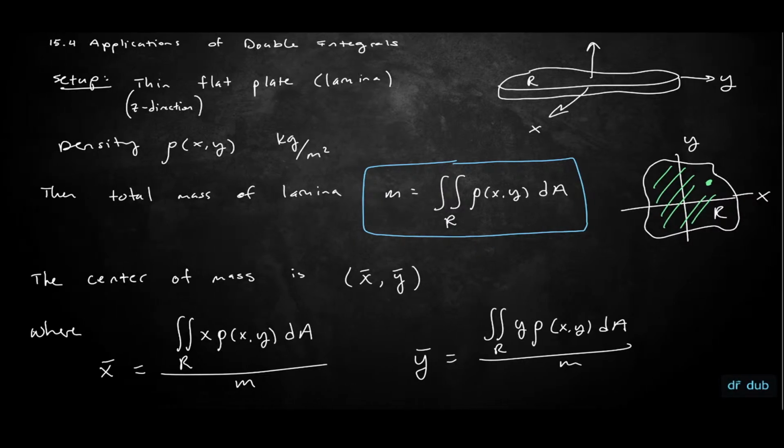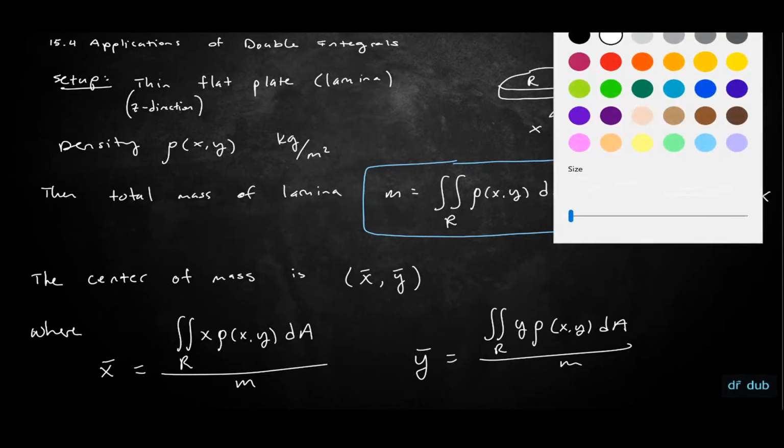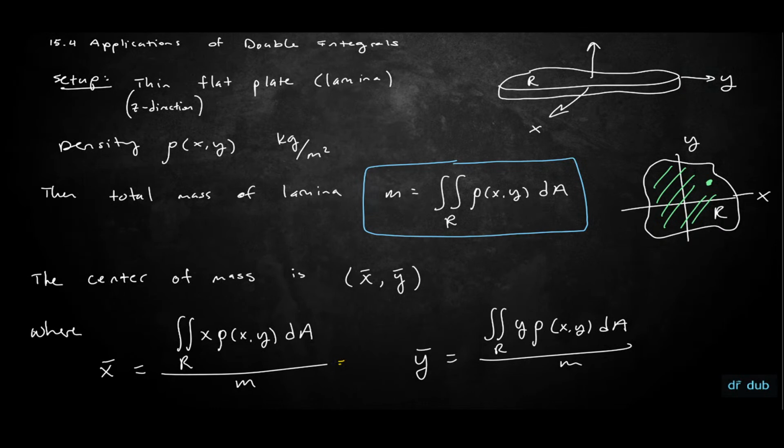And sometimes people call this M sub y over M sub x over m, but the lettering is backwards on those two. So this double integral is called M sub y. This double integral is called M sub x.